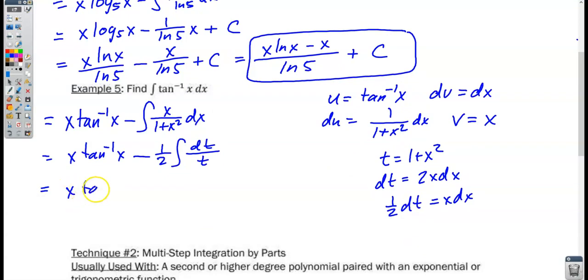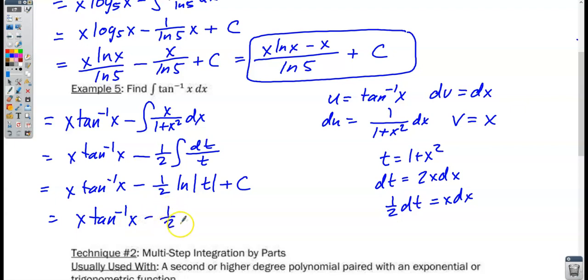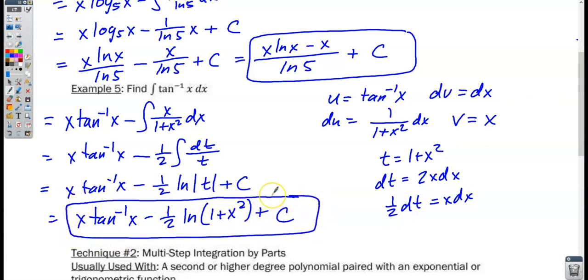And so that's going to be x arctangent of x minus 1/2 natural log of the absolute value of t plus c. And then we bring t back. And since the quantity 1 plus x squared can never be negative, I don't need my absolute value signs. And there's my integral. So that was simple integration by parts.